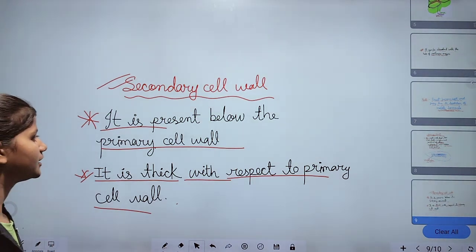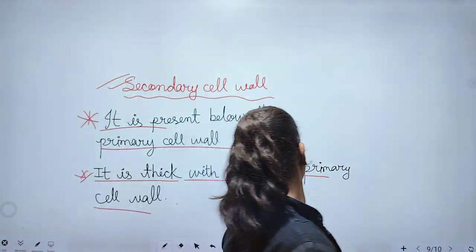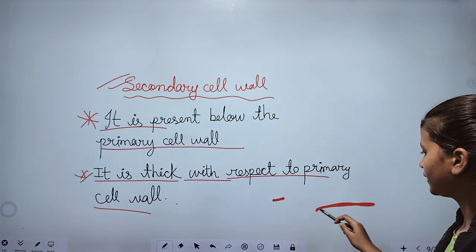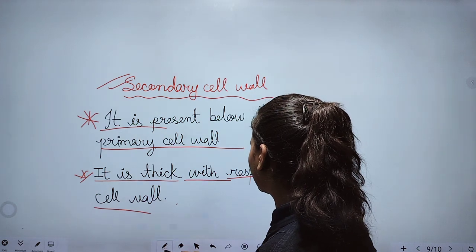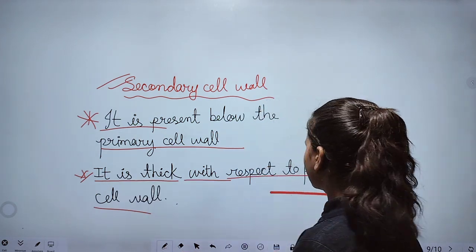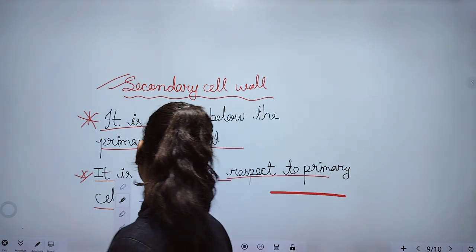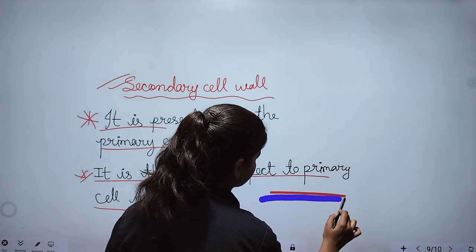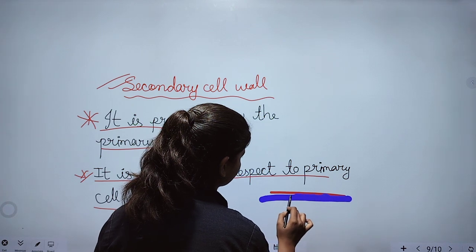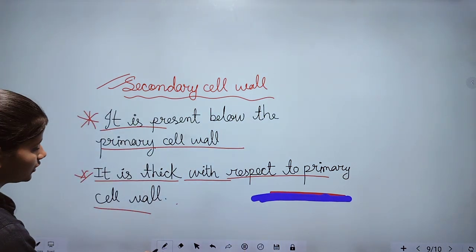It is present below the primary cell wall. First point is, secondary cell wall is present below the primary cell wall. This one is primary cell wall, and below the primary cell wall the secondary cell wall is present. This one is secondary cell wall.